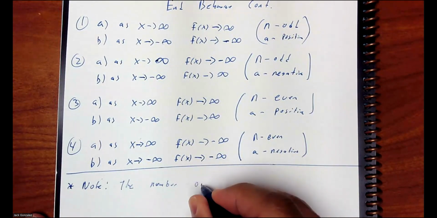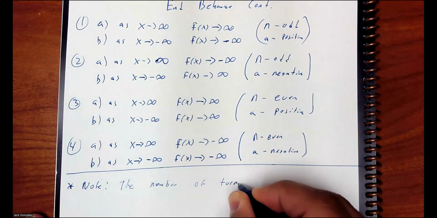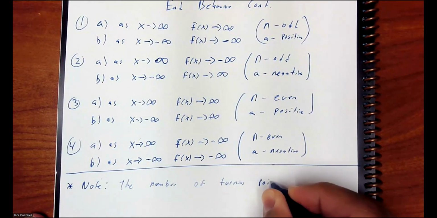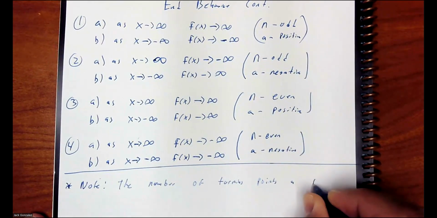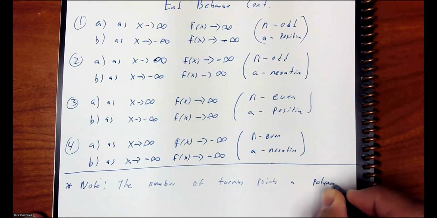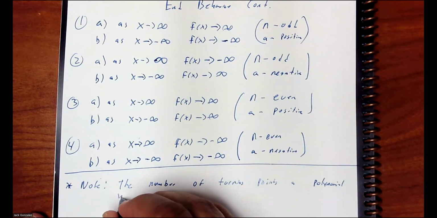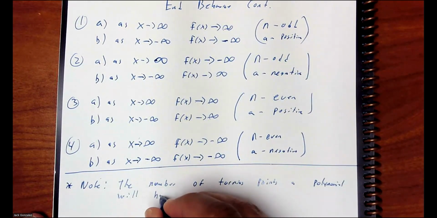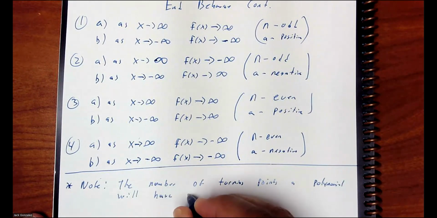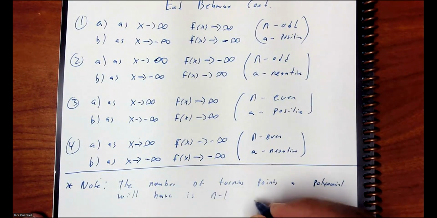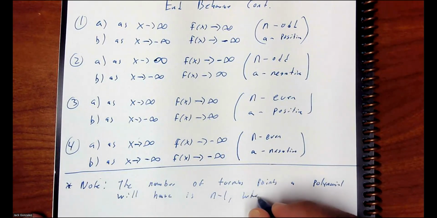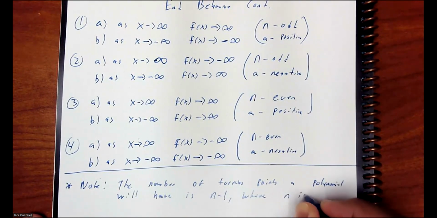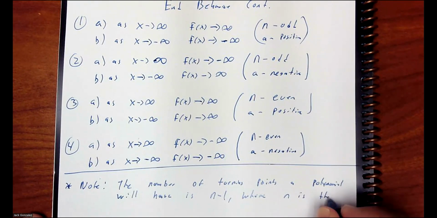The number of turning points a polynomial will have is n minus 1, where n is the degree.